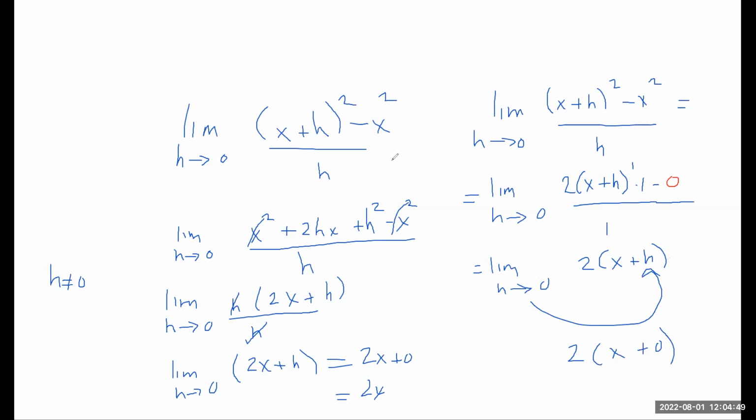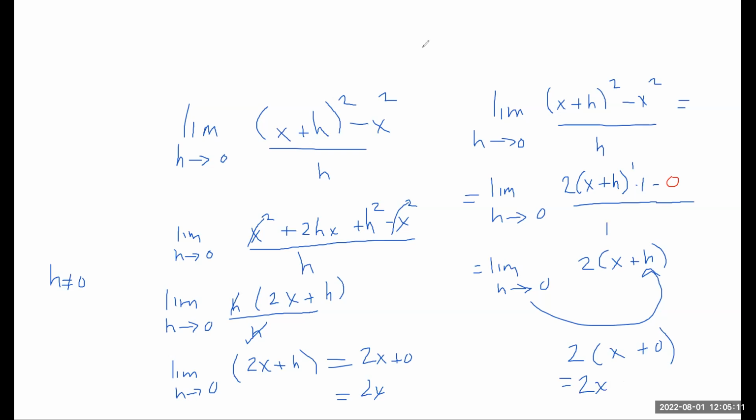Which one's easier? Is it easier to go ahead and do the algebra here and do it analytically and multiply this out and cancel? Or is it easier to take the derivative with respect to another variable? Kind of depends on who you are and how well you understand taking the derivative with respect to a variable.